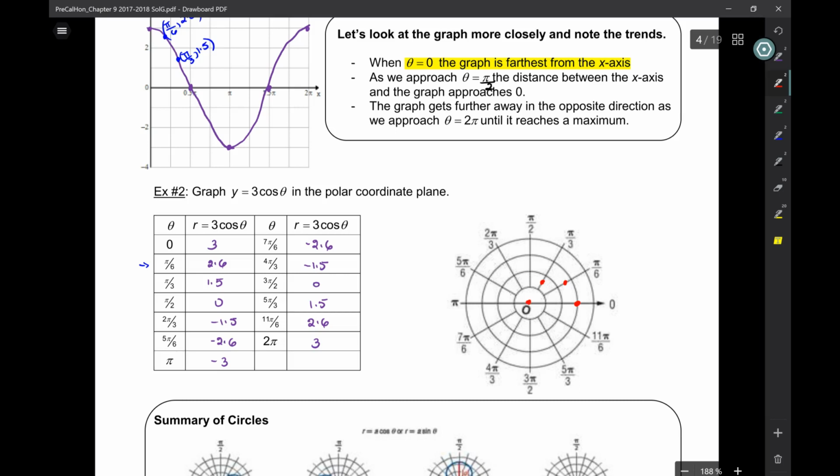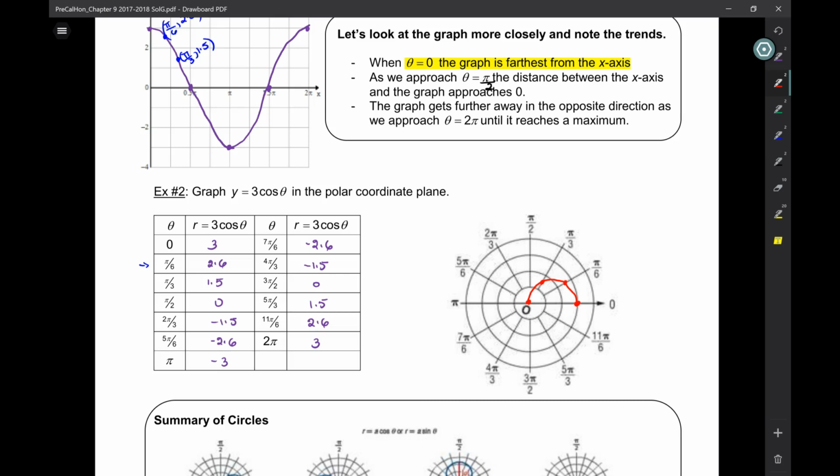What shape did I just make? Semicircle, all right? So between 0 and pi over 2, as my angle went from 0 to pi over 2, I made a semicircle. So what happened? My radius went from the maximum to 0, and now it's going to go back to the maximum in the opposite direction, right?